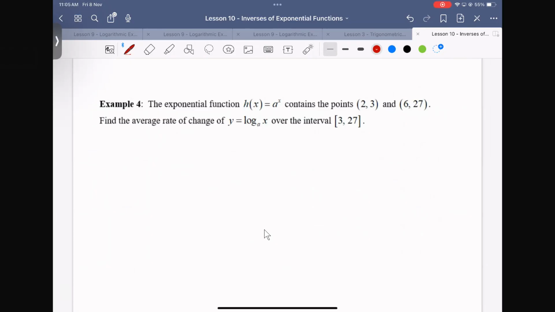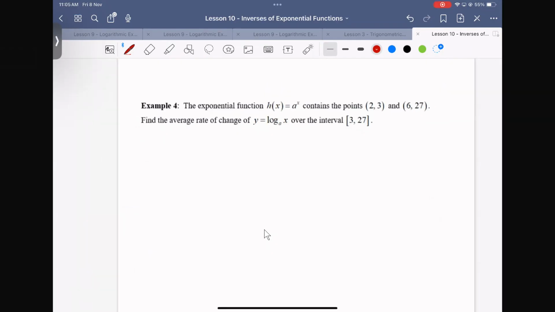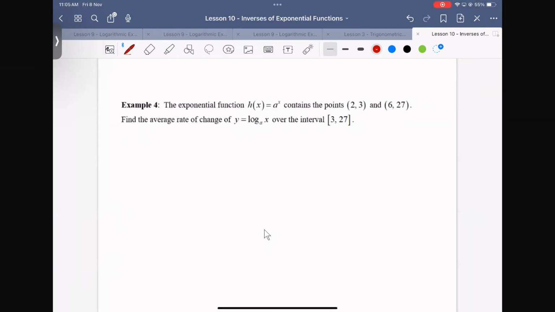The exponential function h of x equals a to the x contains the 2 points. Find the average rate of change of y equals log a of x over the interval 3 to 7. So if the exponential function goes through these 2 points, then the function y will go through what points?